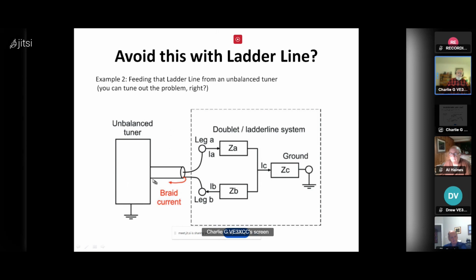And with that unbalanced tuner, yes, you can kind of tune out the mismatch as far as your radio is concerned, but those currents are still going to come back along the outside of this chunk of coax between the unbalanced tuner and the ladder line system. And gee, lo and behold, we've got RF coming into the shack again.